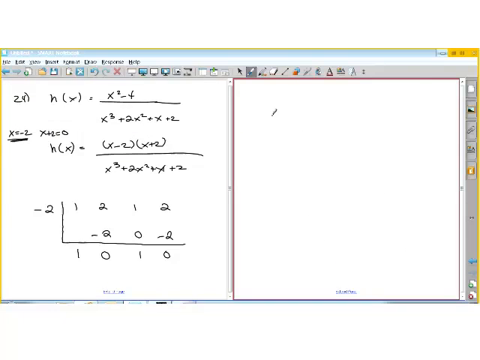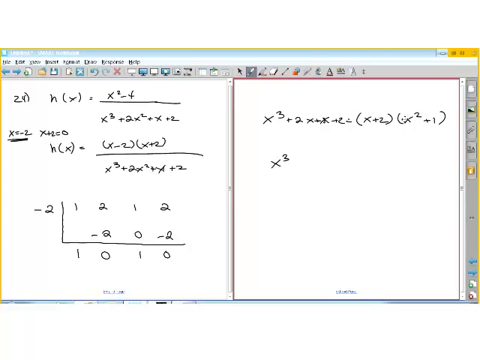So the resulting quadratic equation, somebody go to this page. We can say that x cubed plus 2x squared plus x plus 2 is the same as x plus 2, because this is associated with this factor, multiplied by x squared plus 0x plus 1.